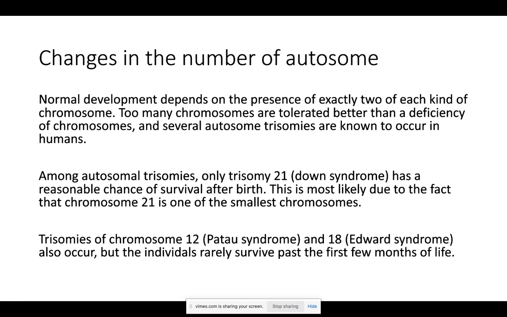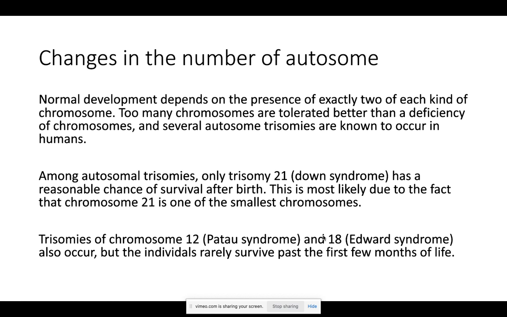There's a condition called Down syndrome, also known as trisomy 21, in which you have inheritance of another 21 chromosome. Among autosomal trisomies, only trisomy 21 has a reasonable chance of survival after birth. There are also syndromes called Patau syndrome, and that should be chromosome 13, not 12. I apologize for that. I'll correct that. And then Edwards syndrome.